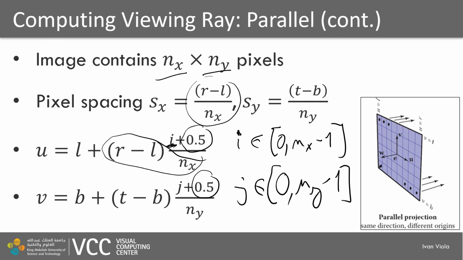Then we are iterating with i and j, and with these iterators, we are covering the entire area of the image with the samples which correspond to the individual pixel positions.